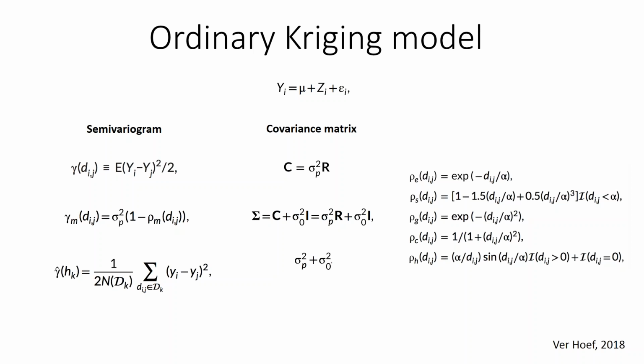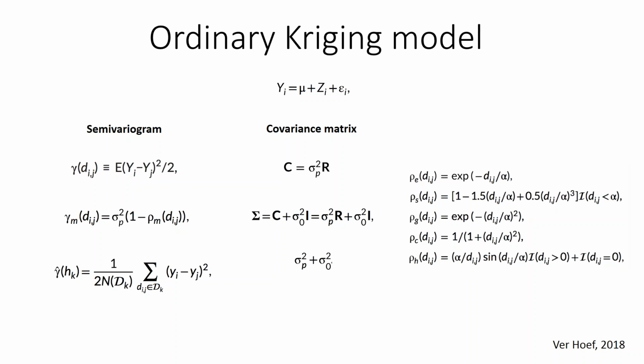As you can see in the middle column, the capital C is just a covariance matrix, which is a scaled correlation matrix. If you want to include the nugget effect, sigma_0 squared, multiplied by the identity matrix, the overall variance is just sigma squared plus sigma_0 squared.